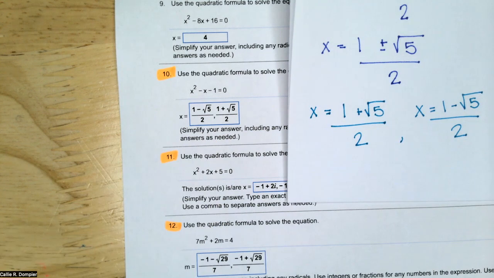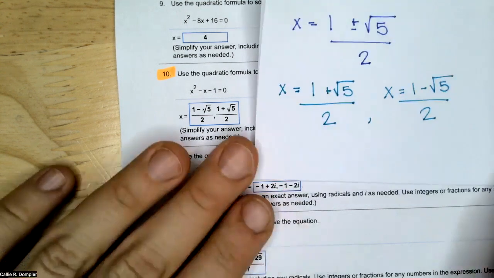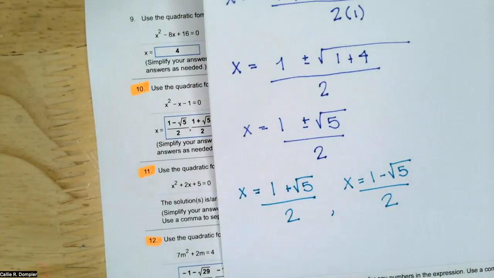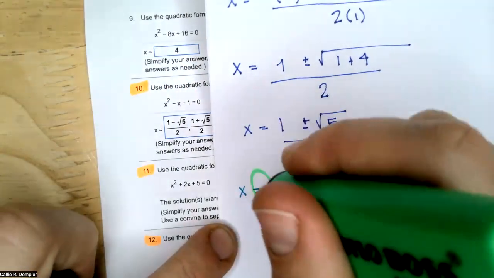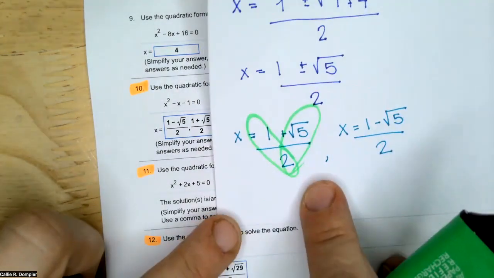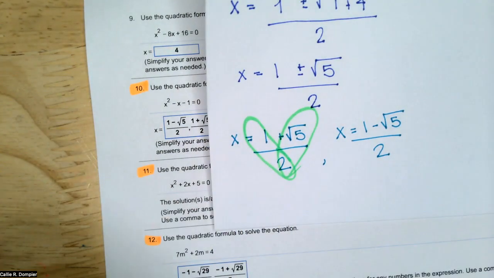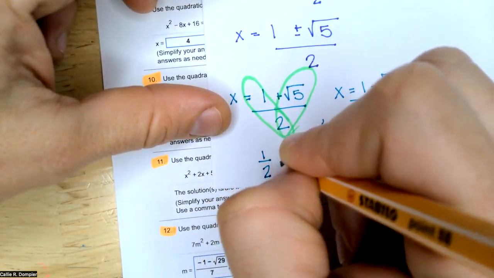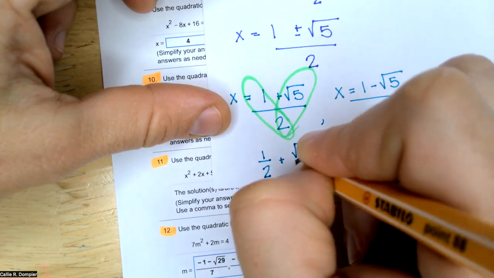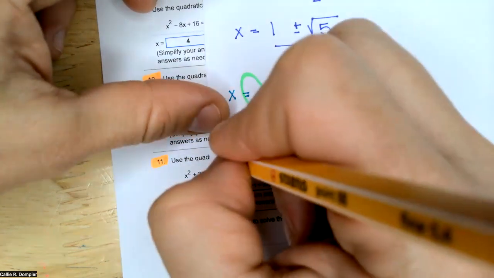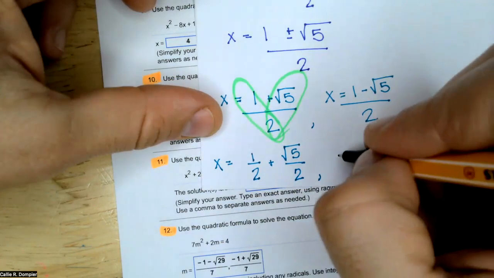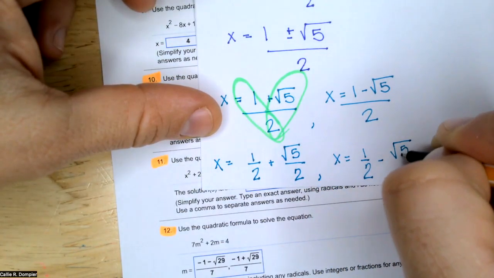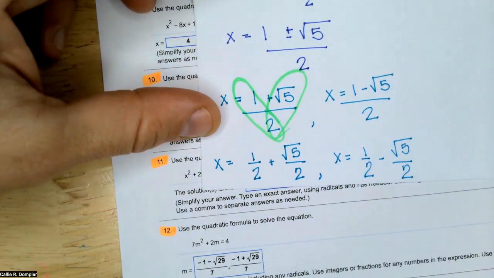Sometimes you can divide them out and simplify one part of the fraction. So another way to write this that's not wrong, but doesn't really change anything, is x equals 1/2 plus the square root of 5/2, and x equals 1/2 minus the square root of 5/2. It doesn't change the value. It's just a different way to write it.